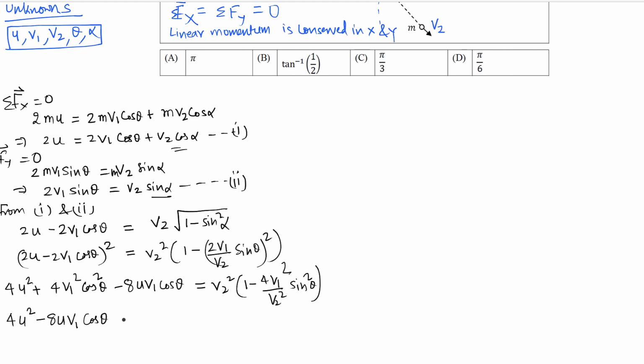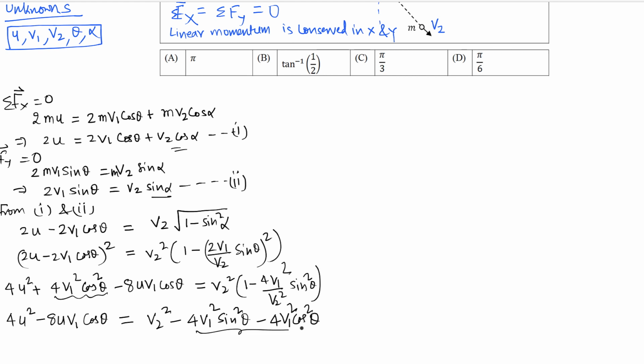Therefore we can write 4u square minus 8u v1 cos theta. We'll take this one to the other side, so v2 square minus 4v1 square sine square theta, and minus 4v1 square cos square theta.